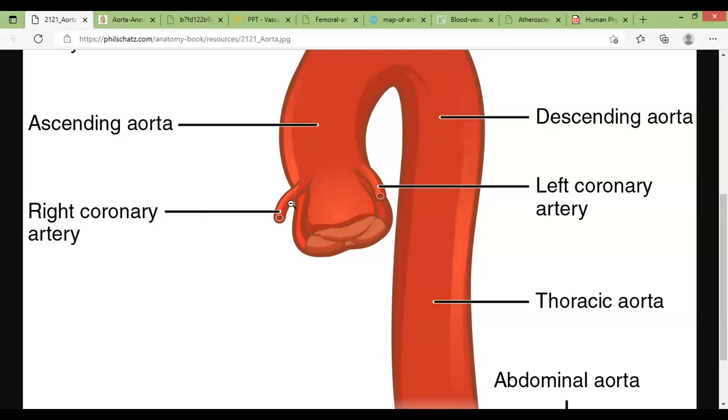As the aorta is leaving the heart, we have the right and the left coronary artery. These are the ones that will supply the heart. So in case of heart attack, myocardial infarction, angina pectoris, it's these coronary arteries that will be seen to have an embolus there.